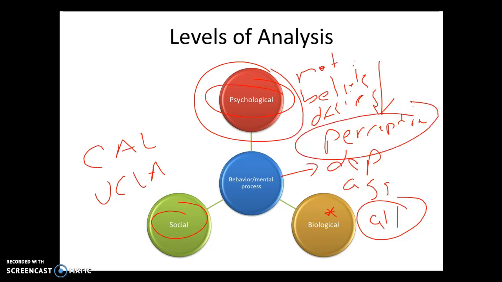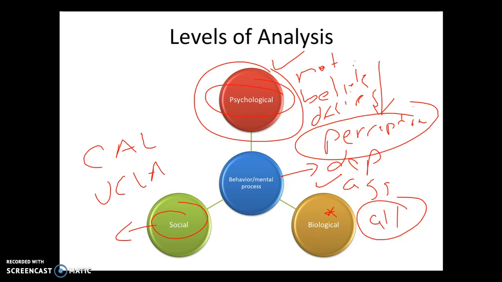Obviously, biological is kind of self-explanatory here, right? Has to do with how our occipital lobe works, how our eyes work, right? Things of that nature. Social would be things like, remember, for some phenomenon, certain levels of analysis take precedence over others. But for the social, it could be, think about it, does the presence of other people influence the way we behave sometimes?